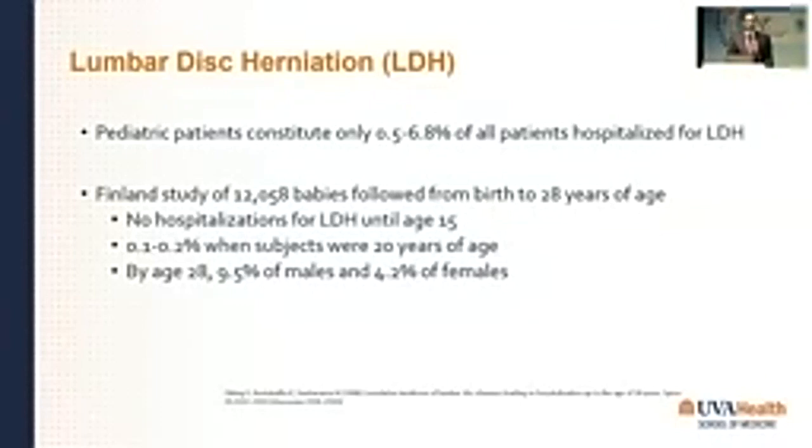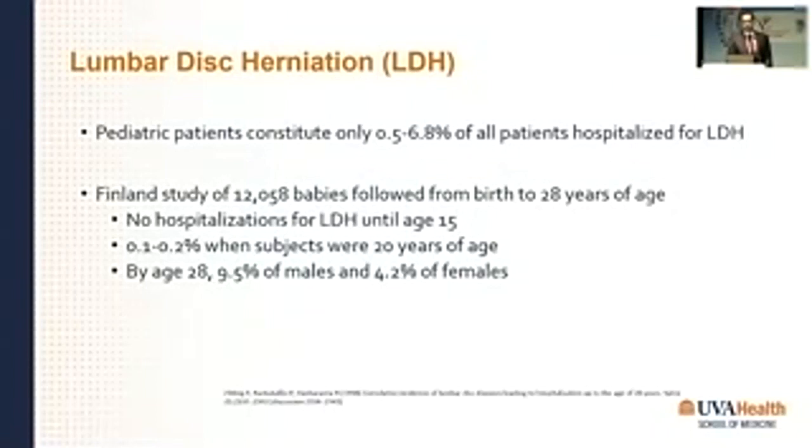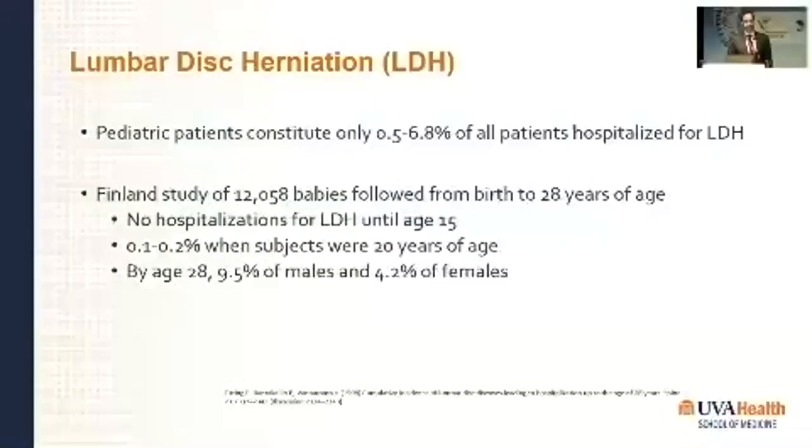A Finland study of 12,000 babies that were followed from birth to 28 years of age showed that there were no hospitalizations related to disc herniations until the age of 15. Still then, about 0.1 to 0.2% of subjects were affected by 20 years of age. By age 28, 9.5% of males and 4.2% of females were found to have disc herniations.